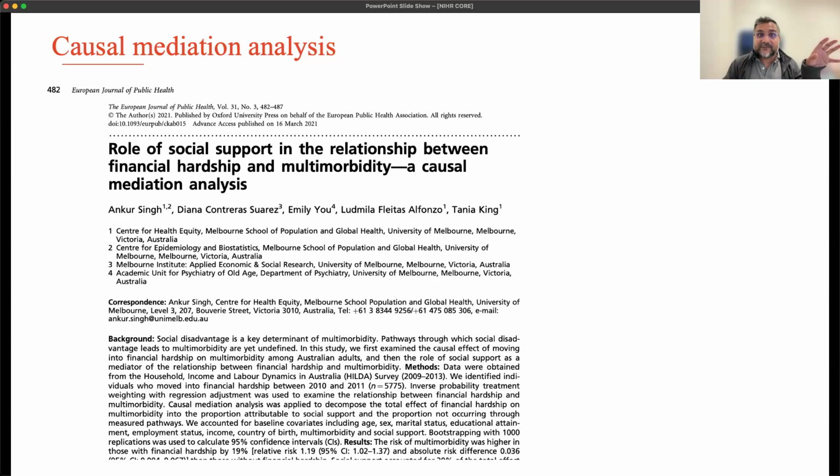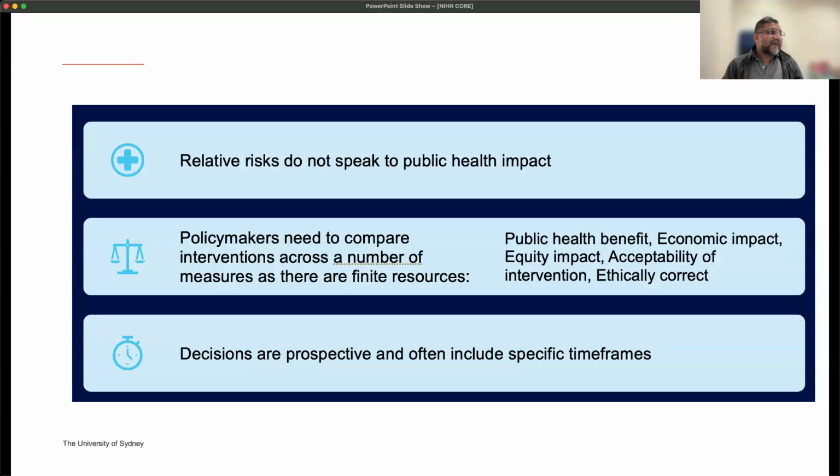What would be the change in the outcome? And that is really powerful from an equity perspective. That is saying what's going to happen counterfactually if we lifted the level of mediator in unexposed to the exposed levels. But then we also know relative risks do not speak to the public health impact.